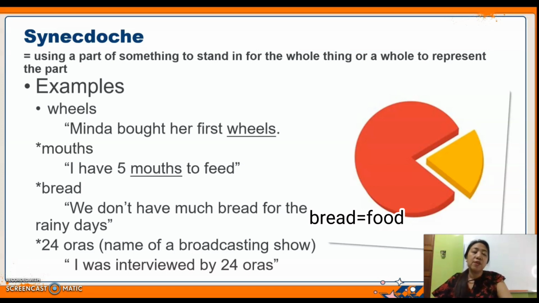And also, sometimes the whole represents the part. Example, 24 Horas, which is the name of the broadcasting show. So if you say, I was interviewed by 24 Horas, it doesn't mean that the whole staff really interviewed me. But I mean, a reporter from 24 Horas interviewed me.